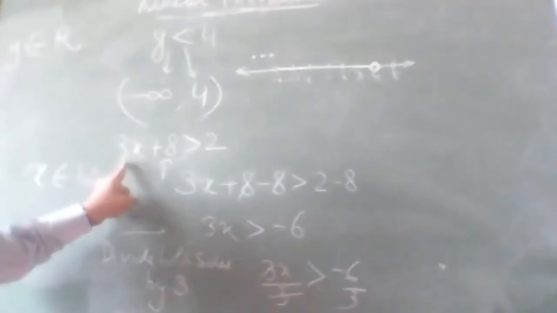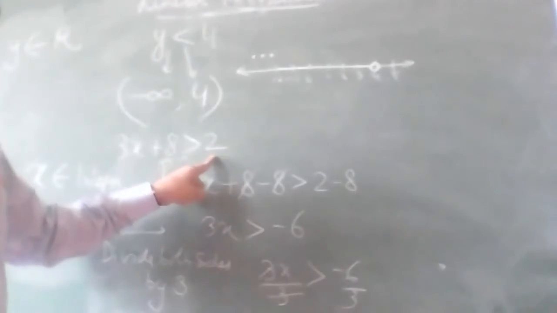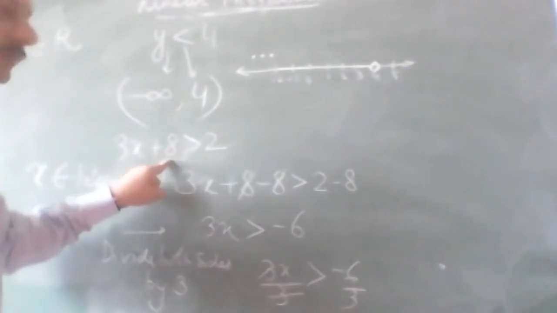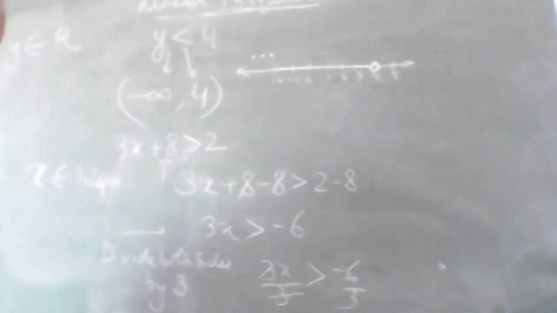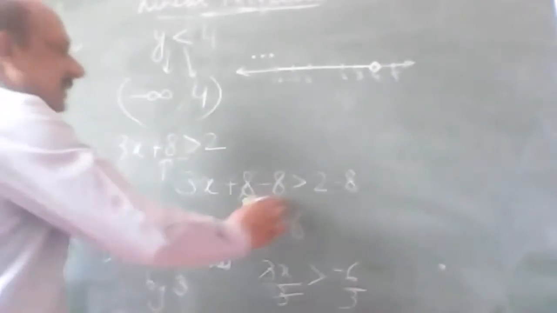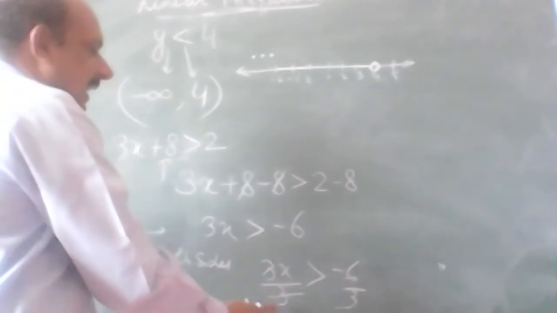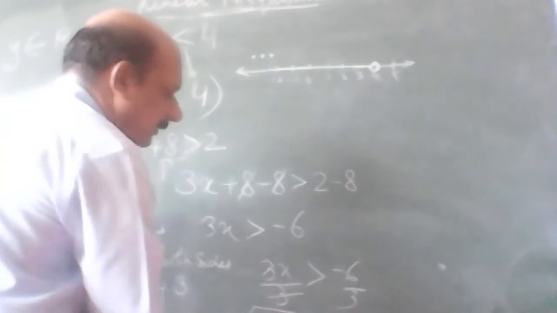The question is 3x plus 8 is greater than 2. To remove this 8, we'll have to subtract an equal number from both sides. So minus 8 here, minus 8 here, this would cancel, minus 6. X would be minus 2. X greater than minus 2.